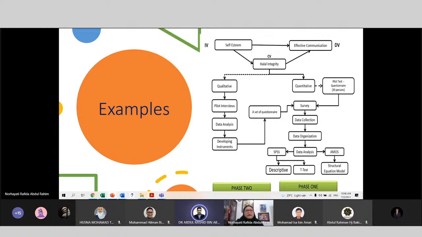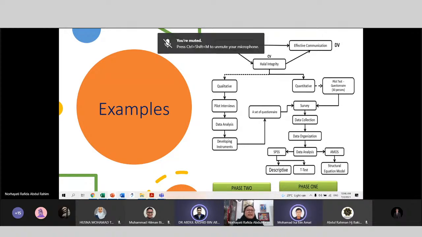No. This questionnaire is the same questionnaire that I'm going to test in the pilot test. Okay, so from this set of questionnaire it goes to the survey. Survey means at the same time we are doing the pilot test. The arrow should go to the quantitative. Yes, the questionnaire arrow goes to the quantitative. Yes, correct. The result goes to the pilot test, then down to the survey. Okay, understood.